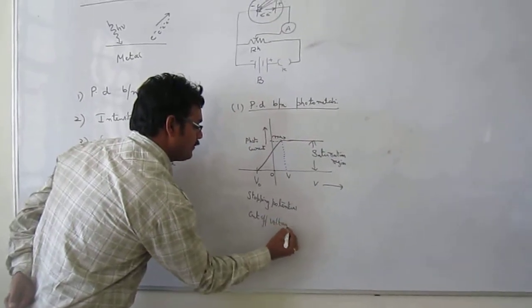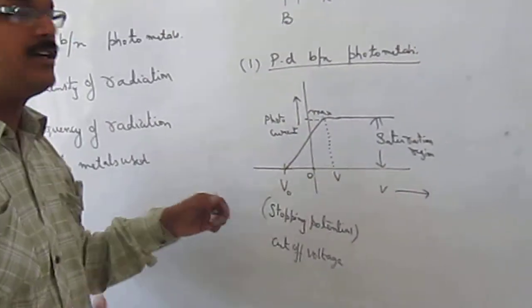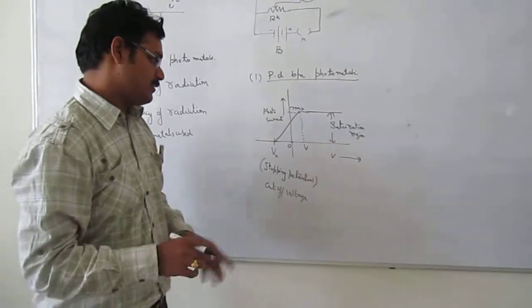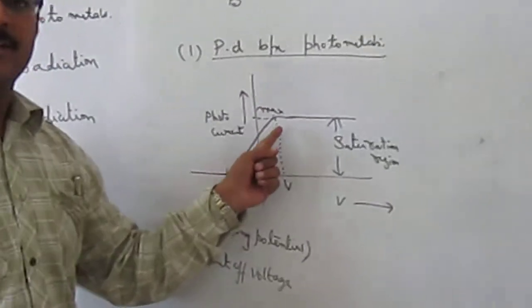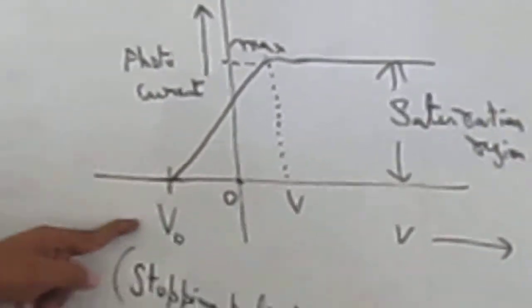Stopping potential is the potential where the photocurrent stops. So what it is saying is that when the positive voltage increases, photocurrent increases to a maximum and after that remains constant. When negative voltage increases, photocurrent decreases and becomes zero at V0, which is called the stopping potential.